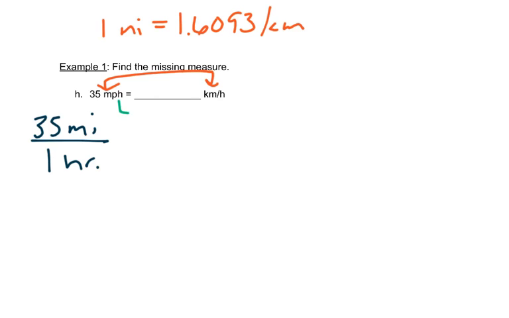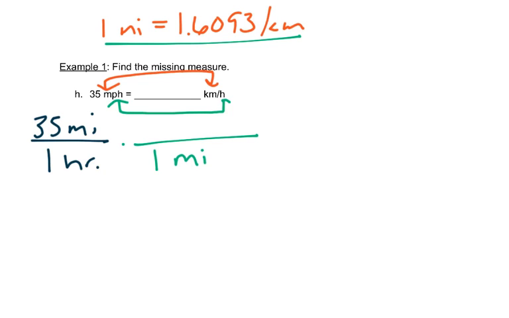But if we look at our time, we have hours and we have hours. That means we don't need to do anything with the hour part. We're just going to use the kilometers and miles part. So we'll have 1 mile on the bottom and 1.6093 kilometers on top. The miles will cancel out.